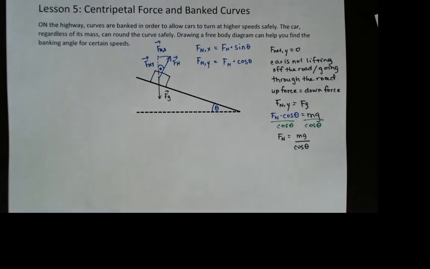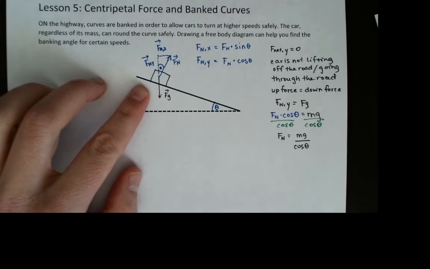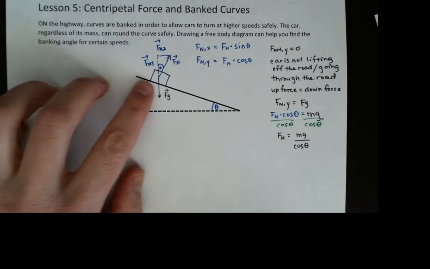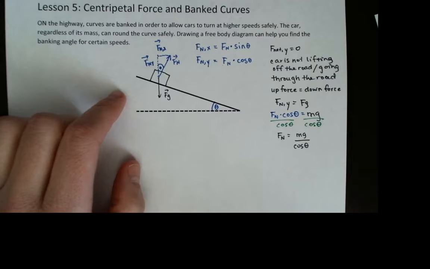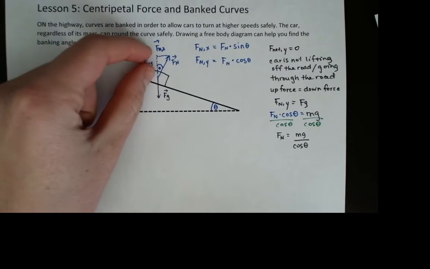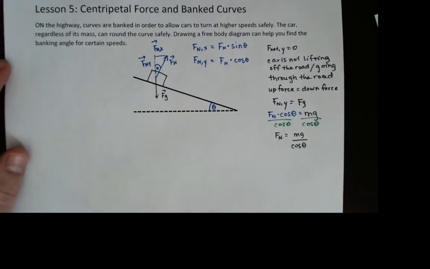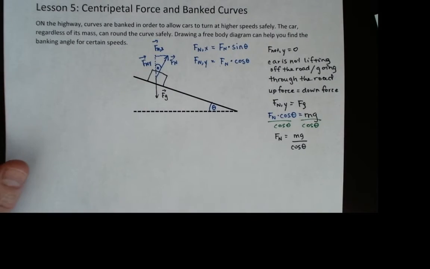If we think about it, force of gravity points straight down, normal force does not. Normal force is actually the hypotenuse of this triangle. So if Fg and Fny are equal, normal force is going to be larger than the force of gravity because it's the hypotenuse of its triangle.